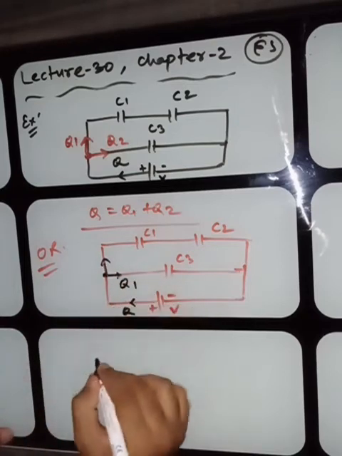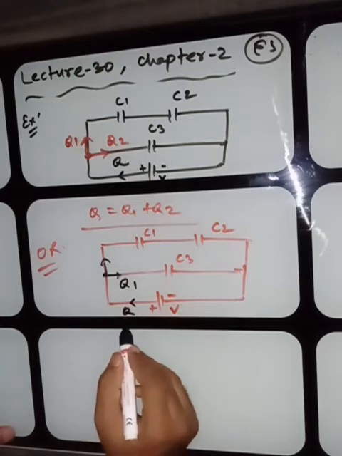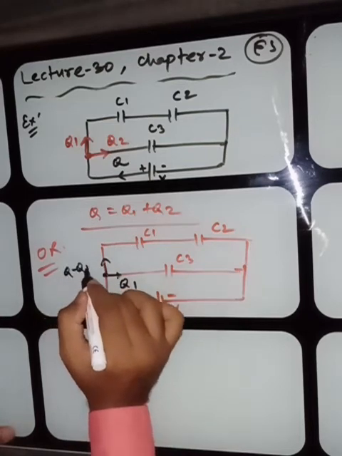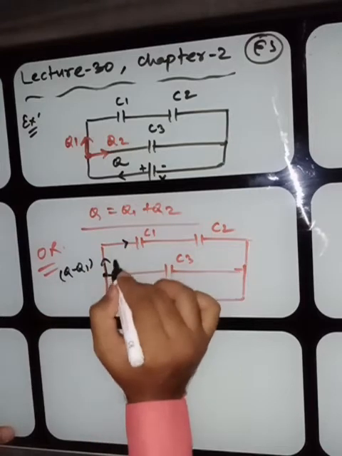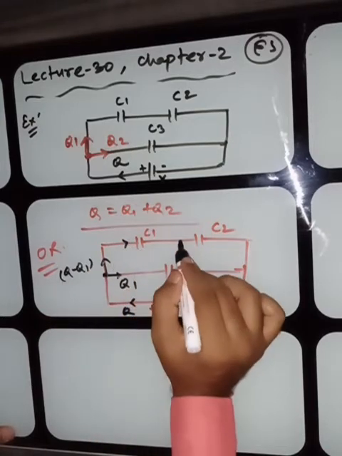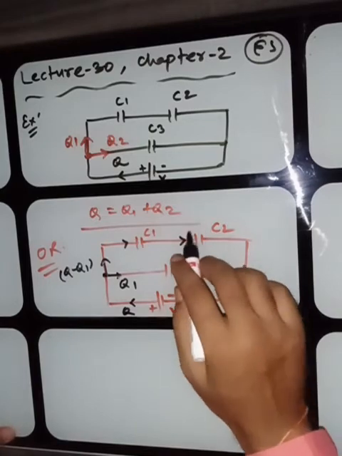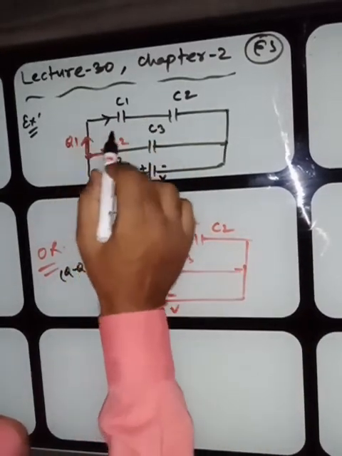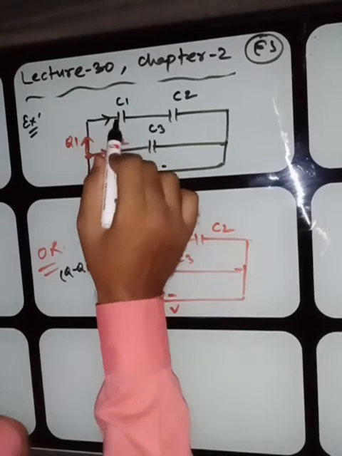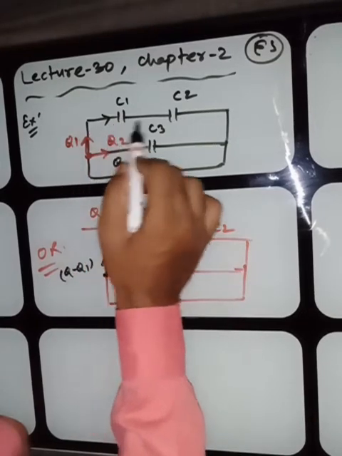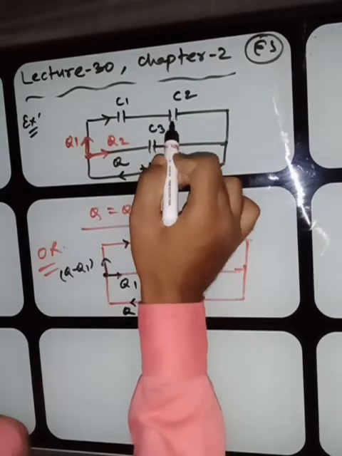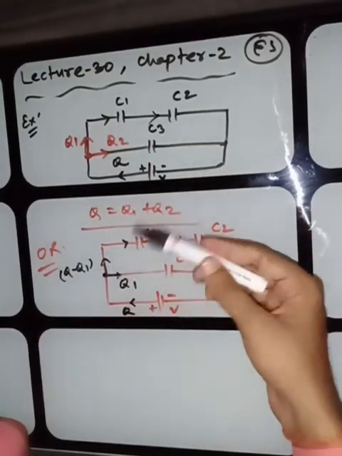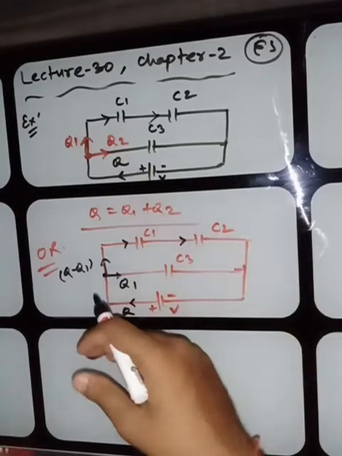Suppose Q1 goes in this direction and the total charge was Q, then how much charge will go in this direction? Of course Q minus Q1. To this capacitor, how much charge reaches? Q minus Q1. To this capacitor? Q minus Q1. In the same way, this capacitor will collect Q1, and this capacitor again Q1. So in these two ways, you can distribute the charge and solve the problem.